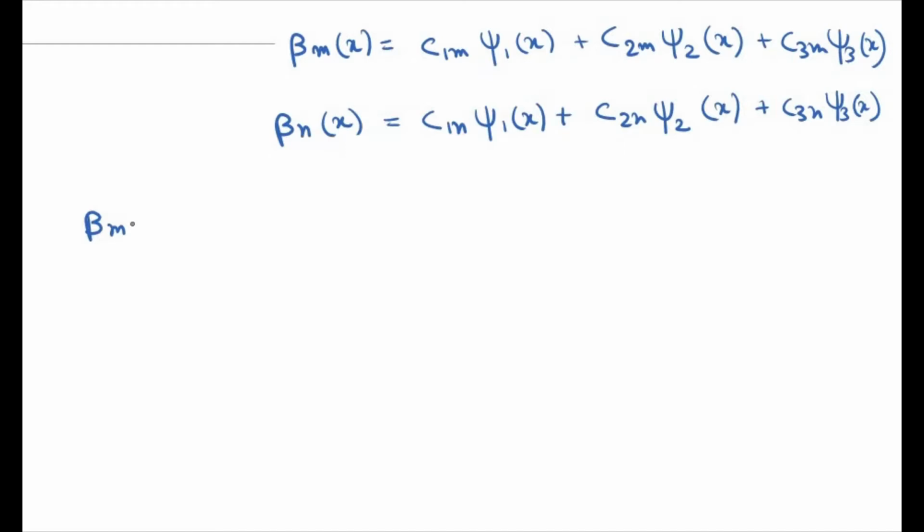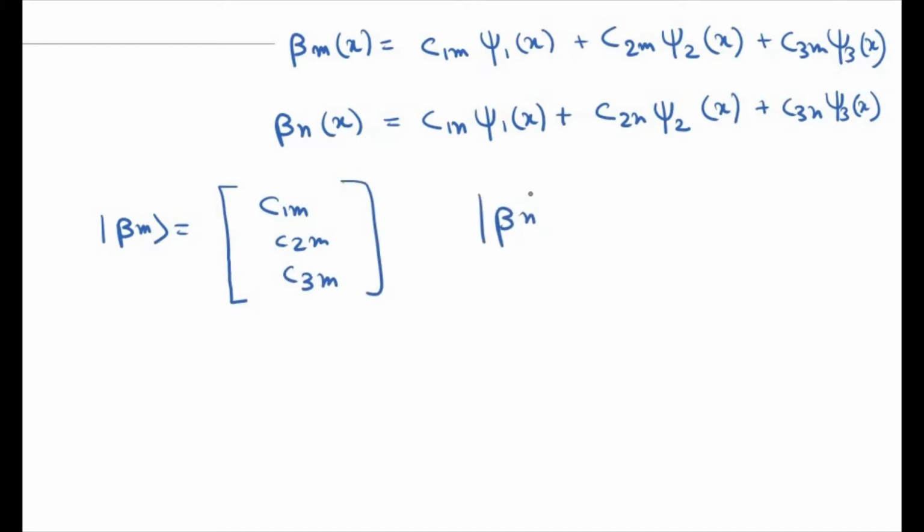Beta m is basically equal to C1m, C2m, C3m, and beta n is equal to C1n, C2n, C3n. Now, how do we define the inner product in this space?